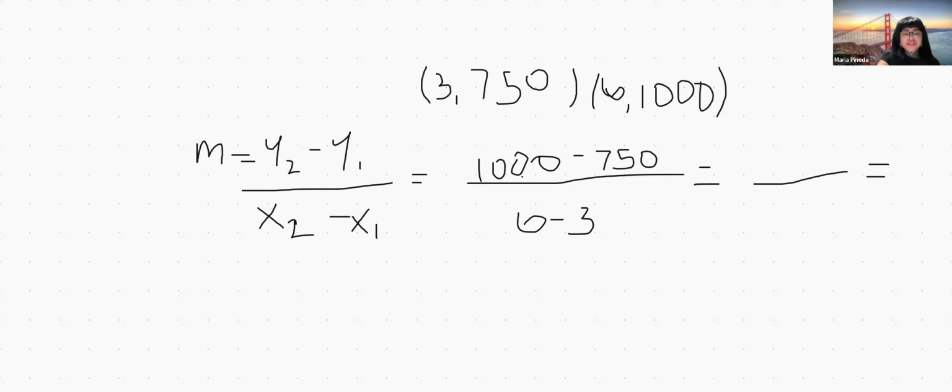And the total for this would be 250 over 3, and this equals 83.33.